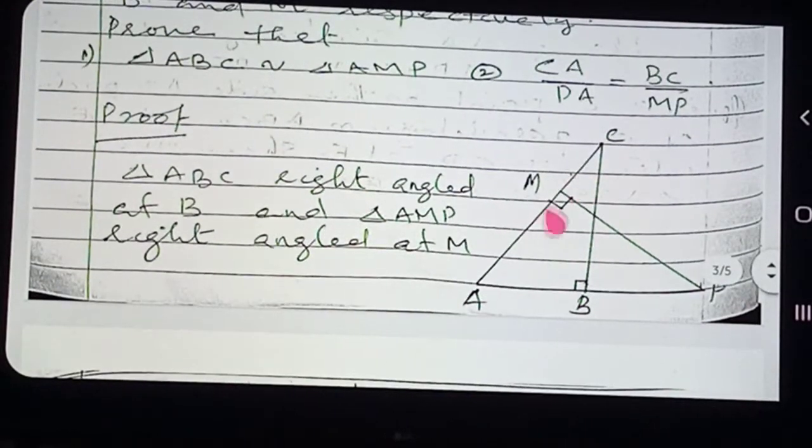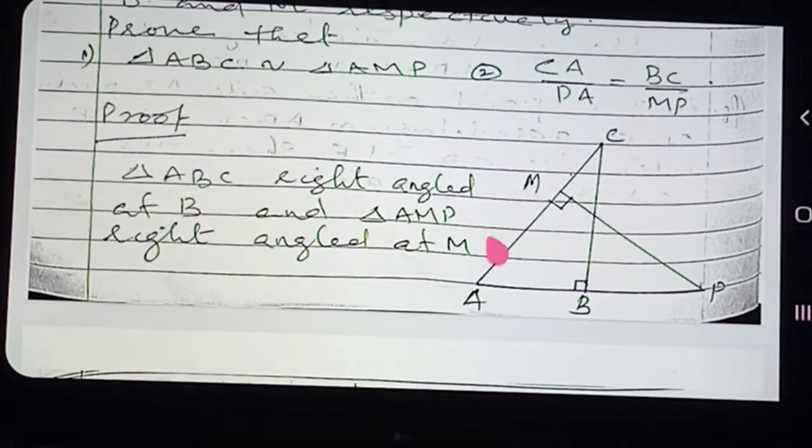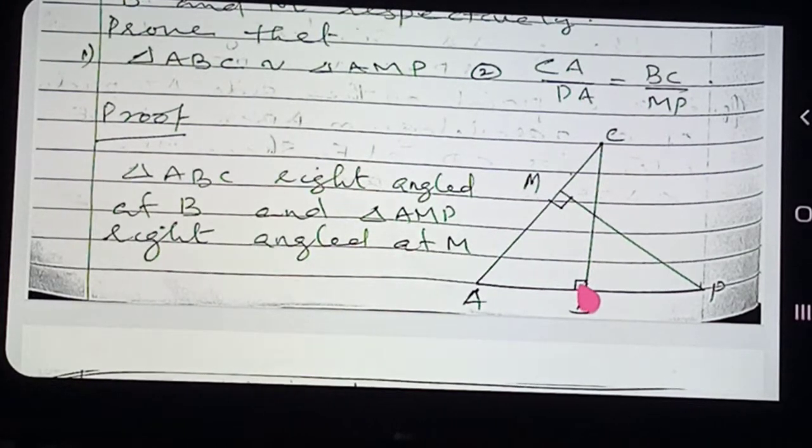Listen here. Triangle ABC is right angled at B and AMP is right angled at M. So very easily you can prove. In triangle ABC and triangle AMP, angle ABC equals angle AMP equals 90 degrees.